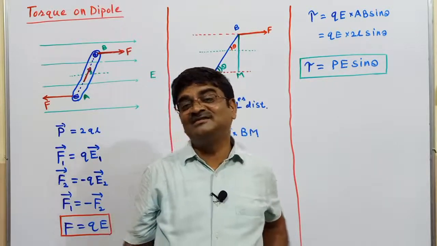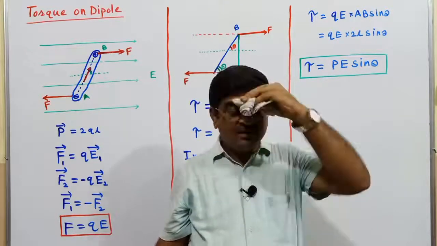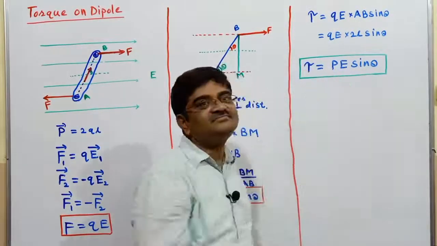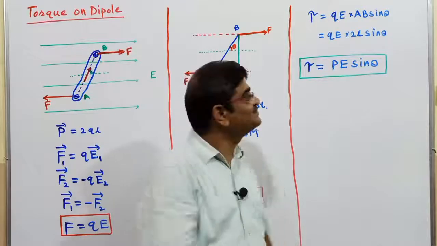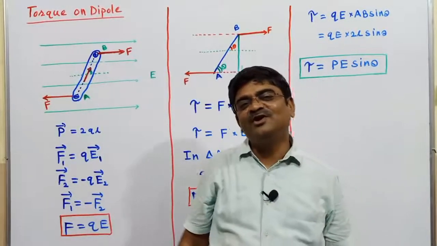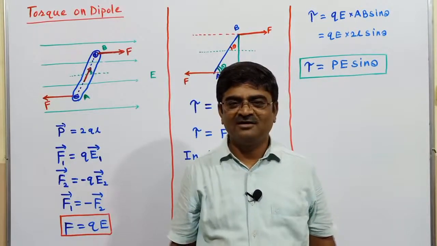Whenever I see this kind of situation, multiplication of two vectors is resulting in a vector. Such vector-vector multiplication we call cross product or vector product.